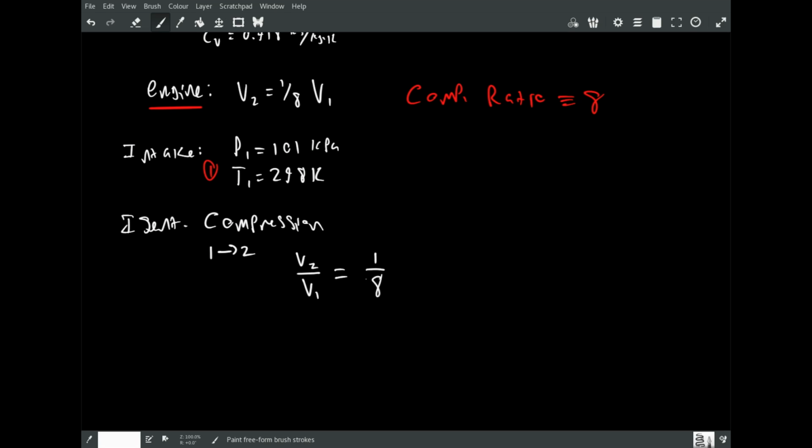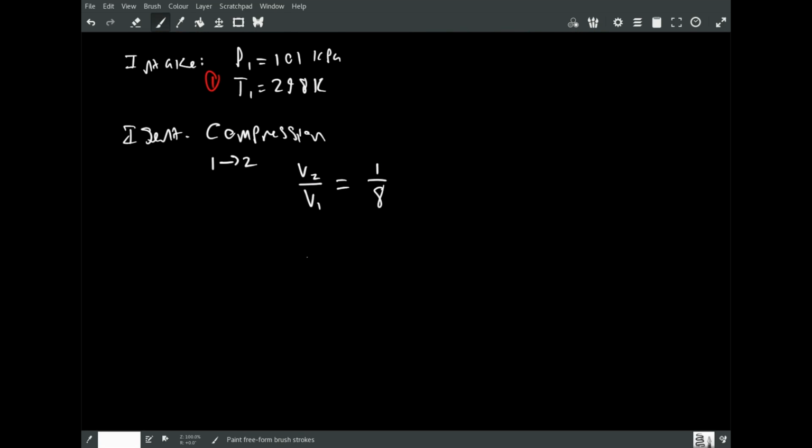So we know what this volume ratio is. Now, based on the isentropic compression equations, we know that P1 over P2 equals V2 over V1. These would be specific volumes, which is 1 over density, and this would be raised to the power of gamma.